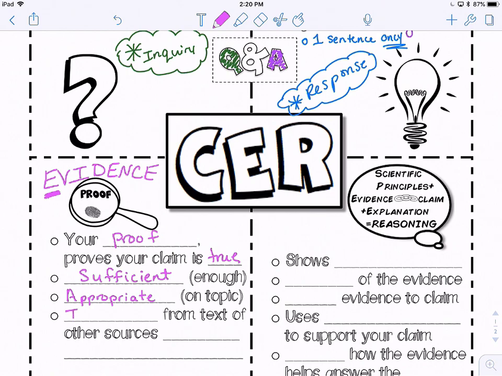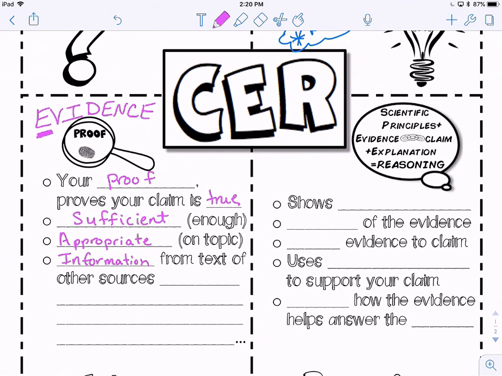It has to be information from text or other sources. This could include facts, examples, like in math, statistics, quotations. It could be hands-on investigation data.